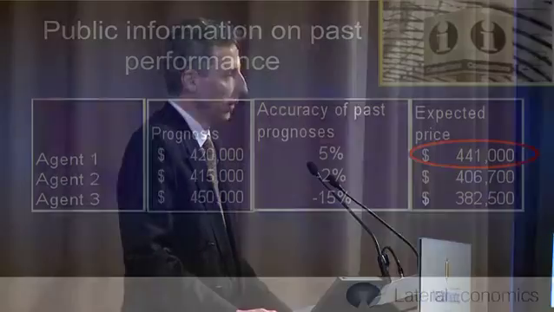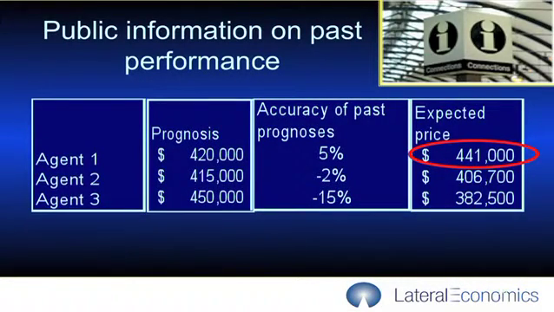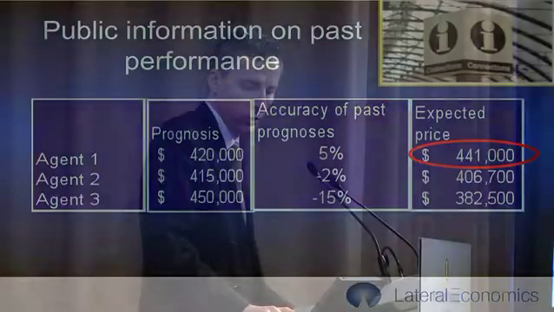And Agent 3 tells you that he thinks he can sell it for $450,000. What you really want to know is, what did you tell the other people and what did you get for their houses? And once you know that, you can work out who's likely to be the best real estate agent for you.